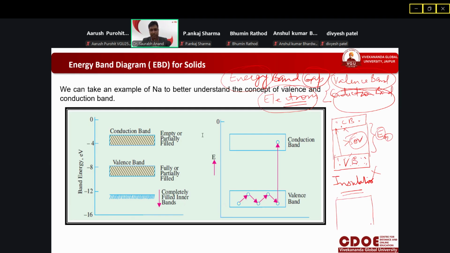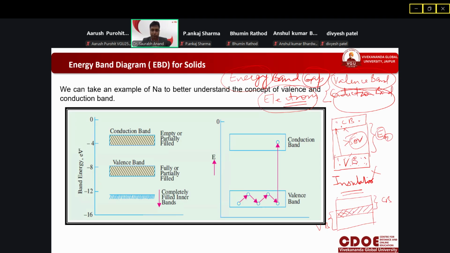If we see in the conductor, this is the valence band and this is the conduction band. And this space is common, meaning overlapped.